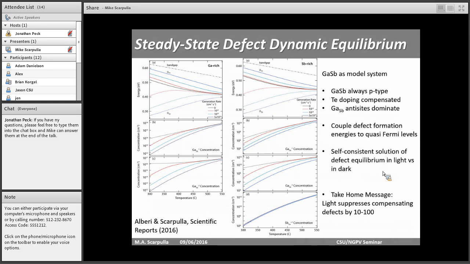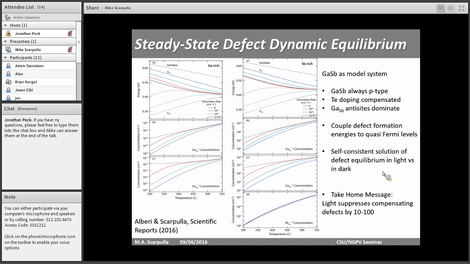We worked out this theory and then did a very simple example, for which we took gallium antimonide, because it has basically only one defect that matters, the gallium antisite, which dopes gallium antimonide p-type under almost all circumstances, and it overwhelms low concentrations of intentional n-type doping. There are a lot of plots here.